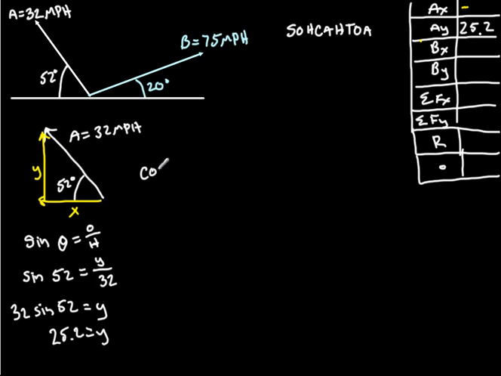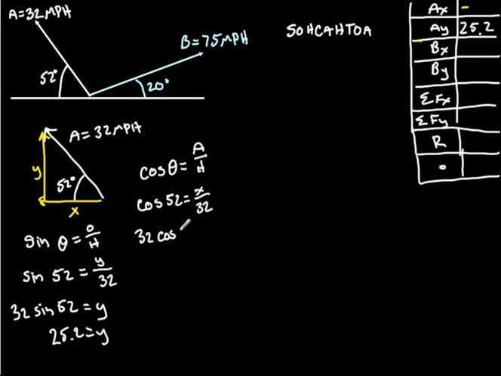Alright, so let's move on. Let's do cosine, because cosine is going to give us the X, actually, the adjacent. It's the adjacent over hypotenuse. So cosine of 52 is X over 32.